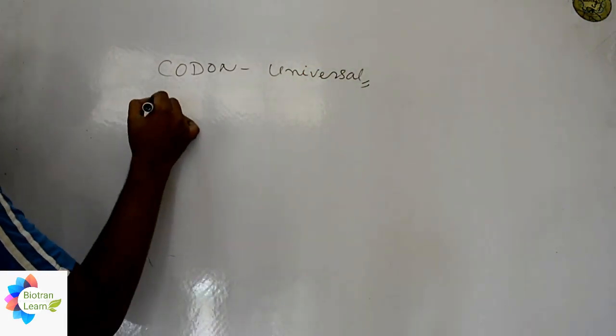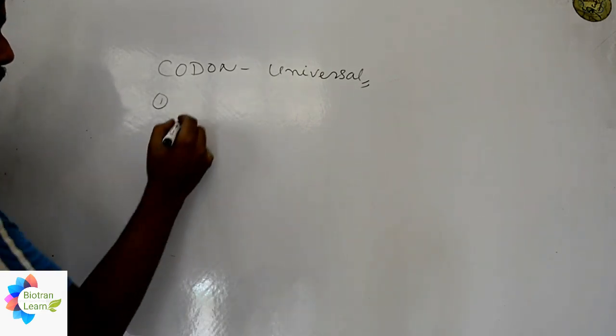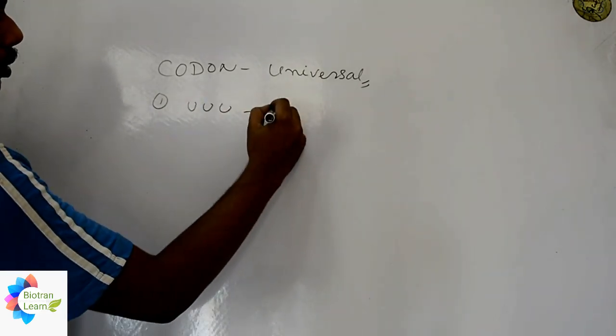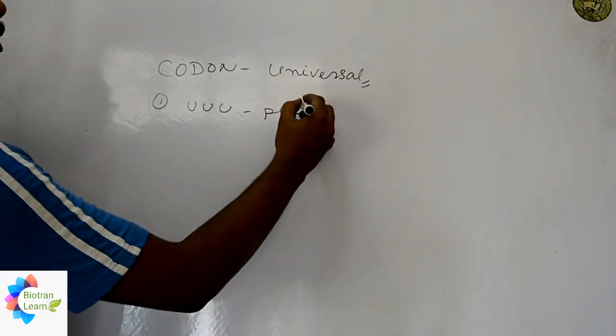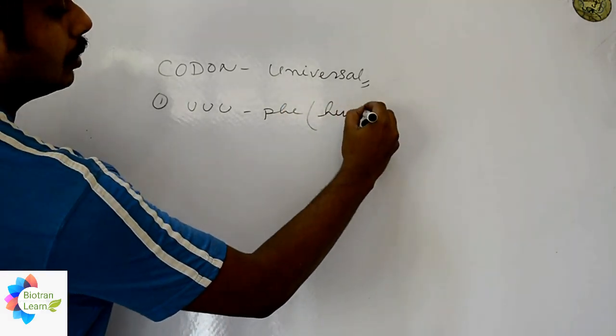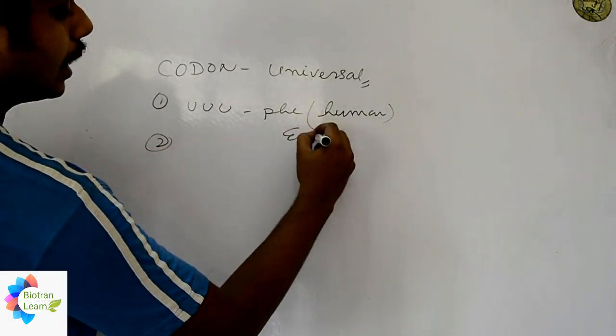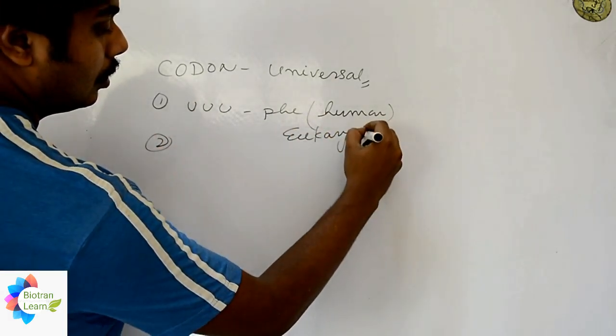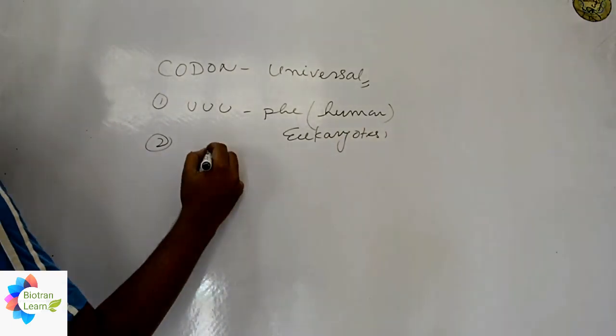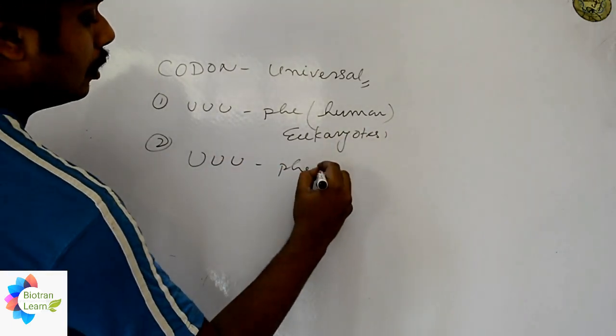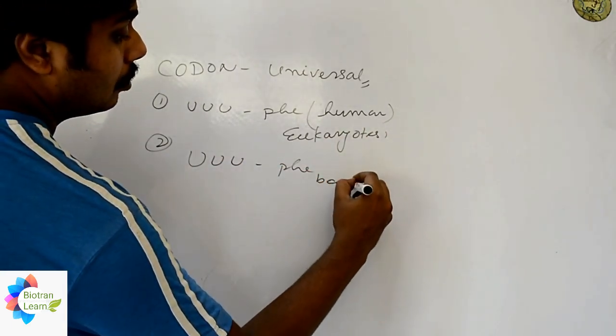It means, suppose UUU codes phenylalanine for human, and human means eukaryotes, right? Eukaryotes, and UUU codes phenylalanine for bacterium also.